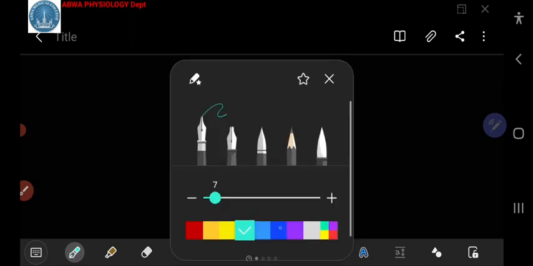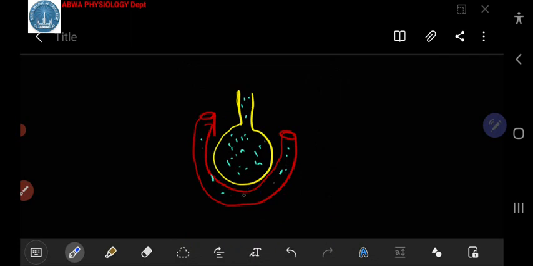And we denote blue color for the carbon dioxide, which is very much here but less in the lungs. So this blue color is the carbon dioxide, and this color is the oxygen, which is very rich in the lungs.